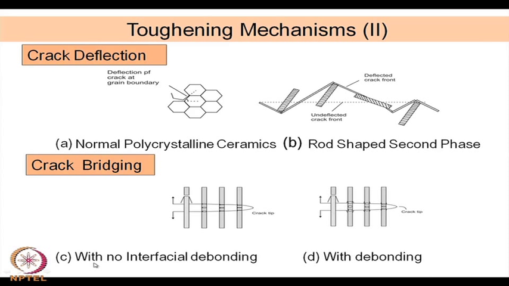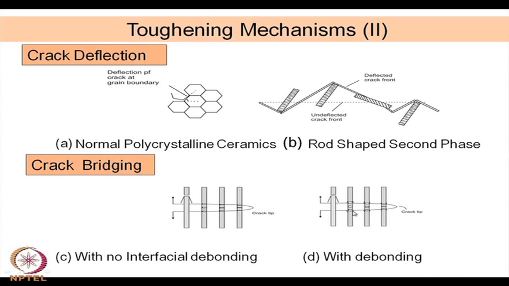The only difference between these two situations is with no interfacial debonding and with debonding. Debonding means there is an interface between the matrix and the second phase, the elongated phases, and because of the application of mechanical stress, there may be a possibility of debonding at the interface between the second phase and the matrix.